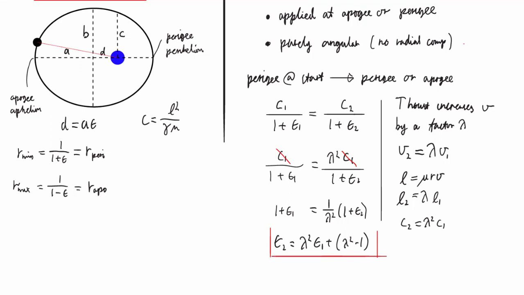So from this we can see now that if lambda is greater than 1, that is, if we increase the velocity, if we have a forward thrust, that means that epsilon 2 is greater than epsilon 1. So that corresponds to an increase in the eccentricity, just like we said.